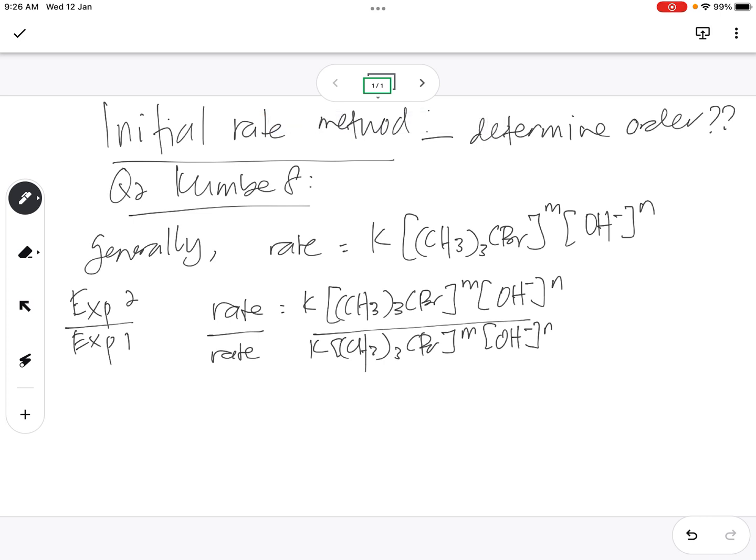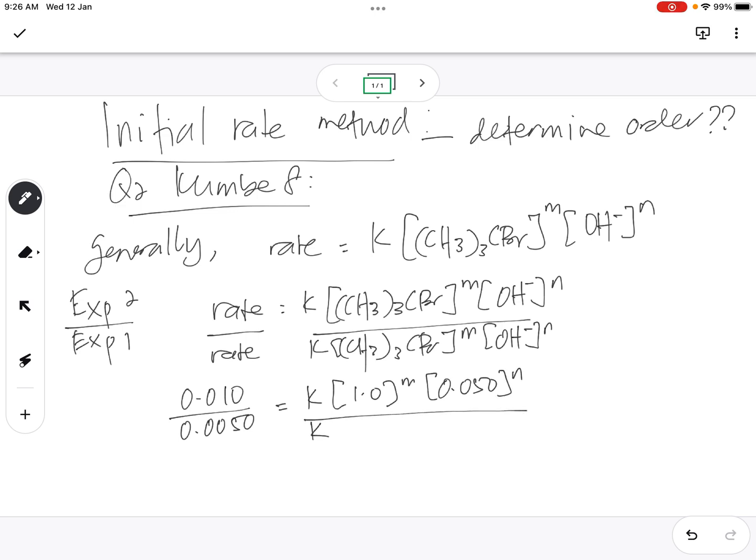The rate for experiment 2 is given as 0.010. The rate for experiment 1 is given as 0.0050. The concentration of (CH3)3CBr in experiment 2 is 1.0 to the power m, and OH negative in experiment 2 is 0.050 to the power n, divided by k times the concentration of (CH3)3CBr for experiment 1.